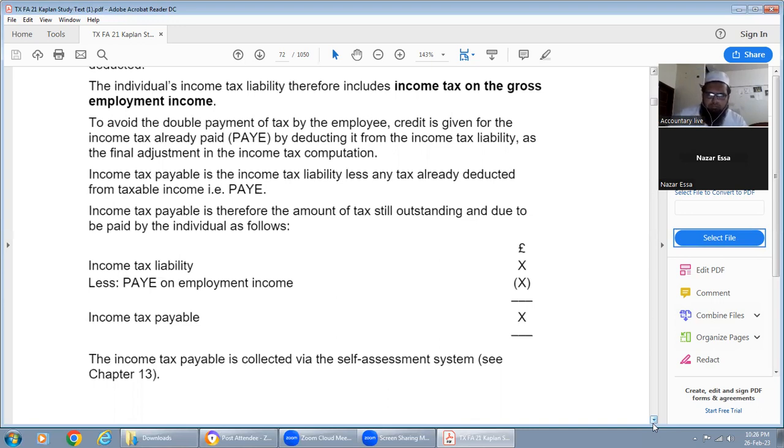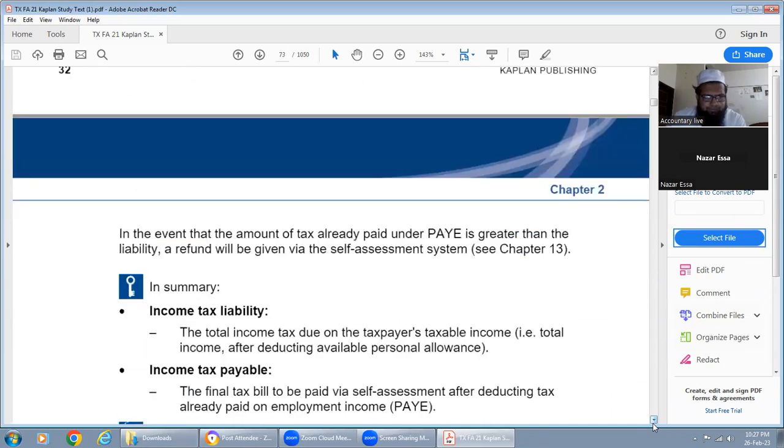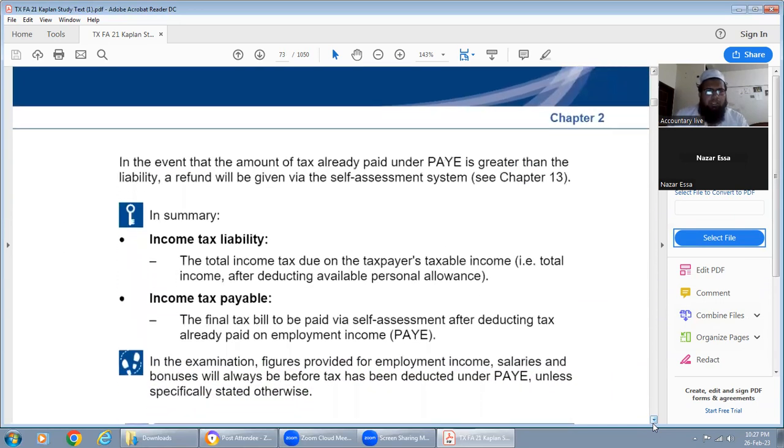The income tax payable is collected via the self-assessment system. It is in chapter 13. In the event the amount of tax already paid under PAYE is greater than the liability, a refund will be given via the self-assessment system.